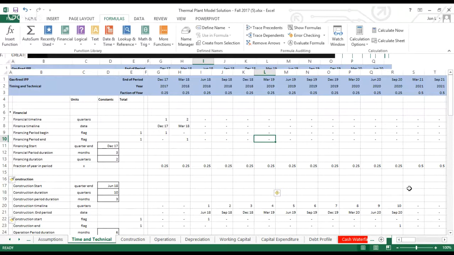So your depreciation is slightly different. Your depreciable balance is different because we're not able to depreciate the financing cost. If you notice, back in the depreciation tab, your initial depreciable base includes all these costs, and these are all financing costs.